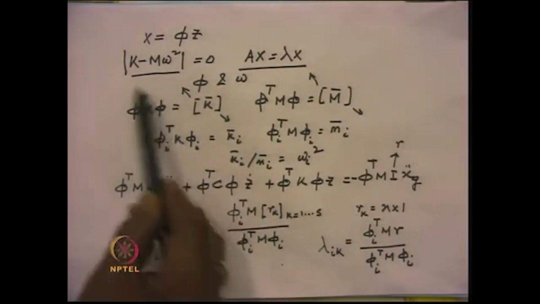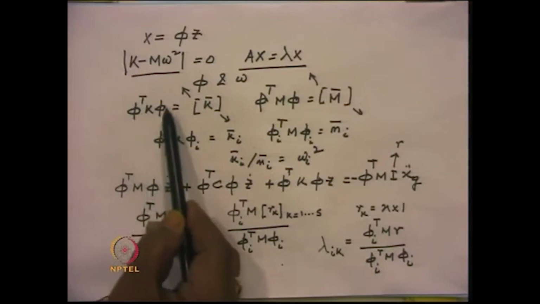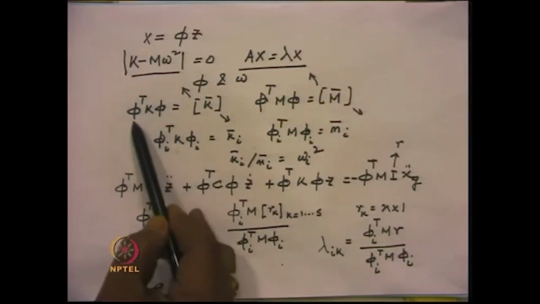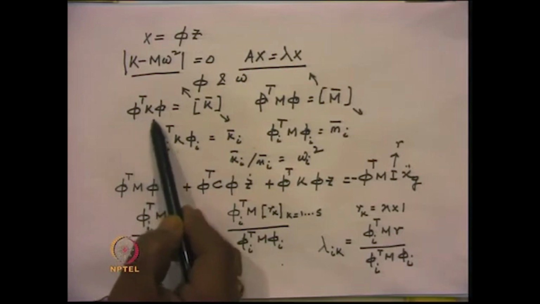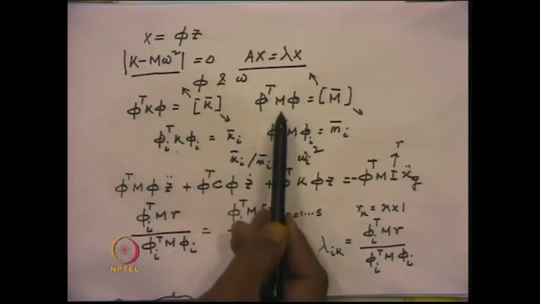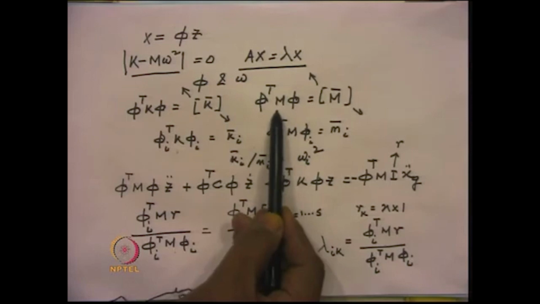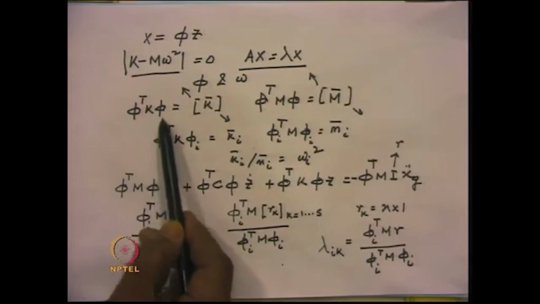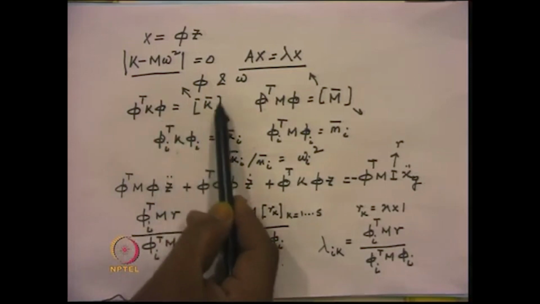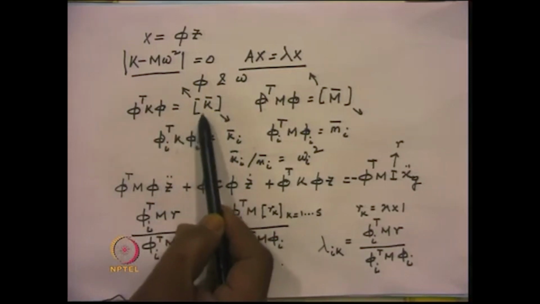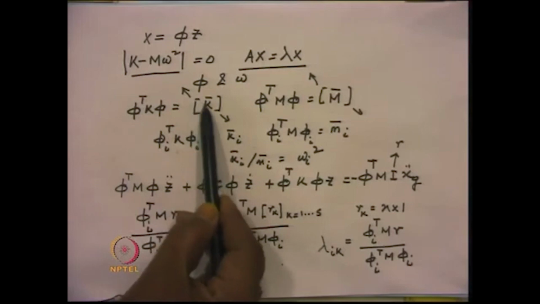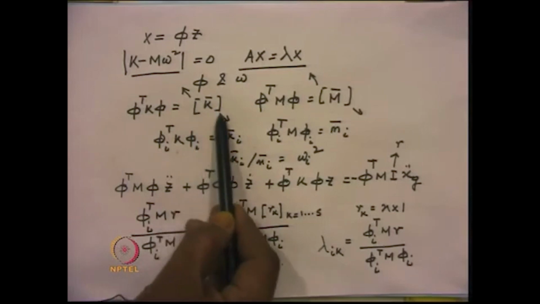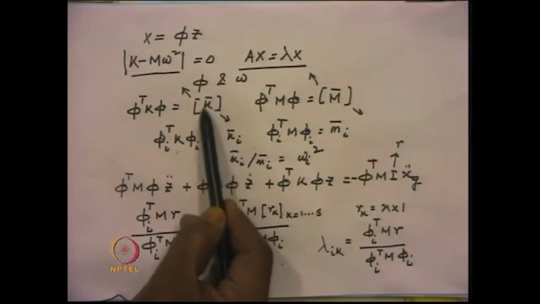Now, the property of these eigenvectors or the mode shapes is that they are orthogonal with respect to the K matrix and orthogonal with respect to the mass matrix. Orthogonality condition means phi transpose K phi will lead to a diagonal matrix, that is, this will have only diagonal values as non-zero, all off-diagonal values will become 0.